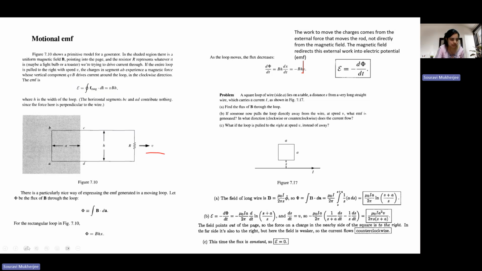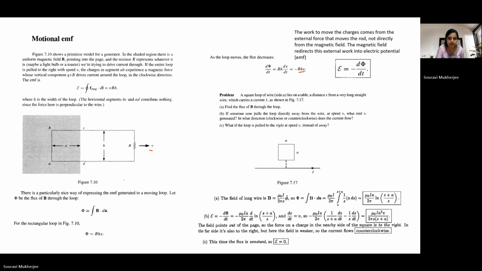Now if we use the same concept, basically you're trying to increase the flux, right? One dimension of the area that contributes to the flux is along V and another dimension is perpendicular to V. For the dimension along V, the rate is governed by the velocity itself. The other dimension, which is perpendicular to the velocity, is what contributes to the flux value.